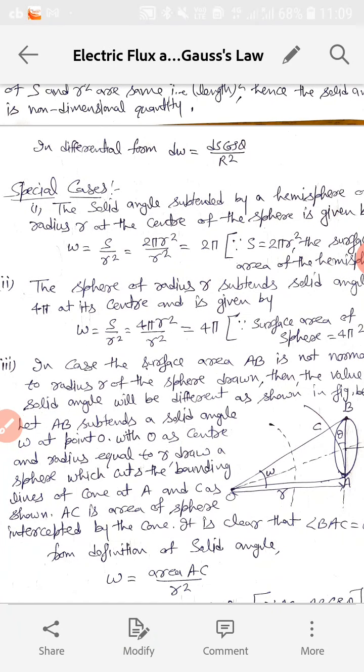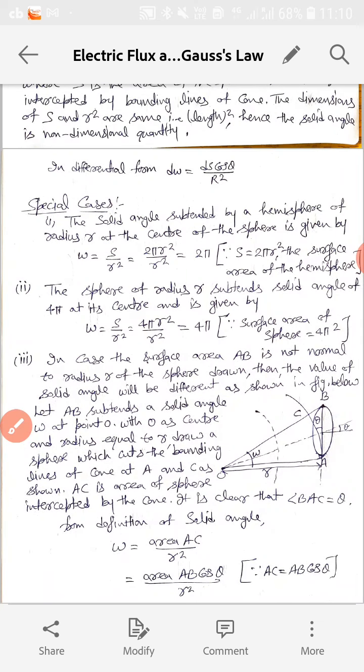Let A subtend an angle omega at point O with O as the center and radius equal to R. Draw a sphere which cuts the boundary line of the cone at A and C as shown in the figure. AC is the area of the sphere intercepted by the cone. It is clear that this angle BAC will also be theta.